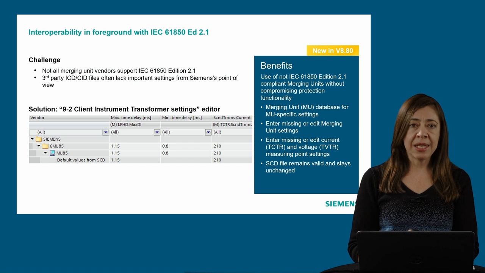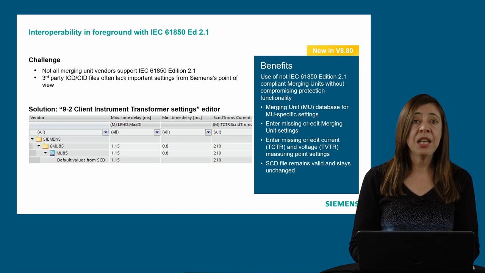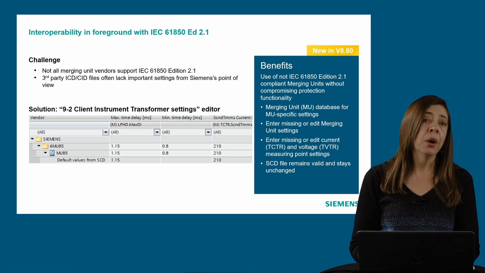Interoperability is the key for this type of technology. And for that, in Siemens, we have developed one special editor in the client device to be able to integrate also merging units from other vendors.